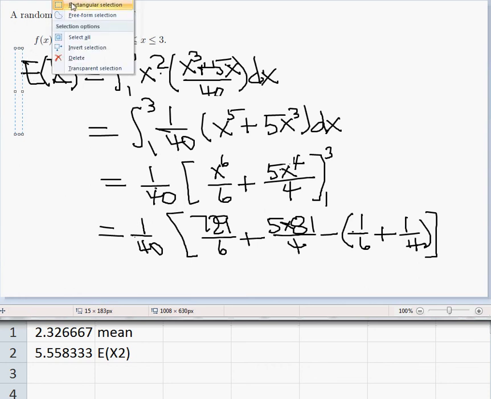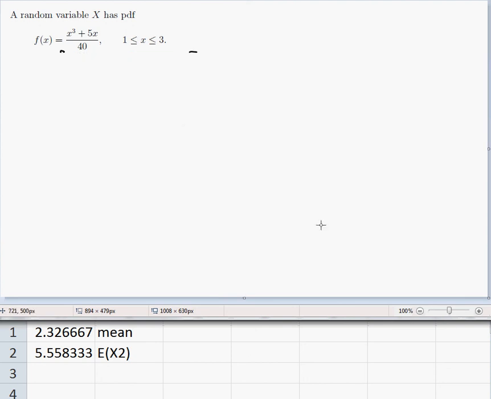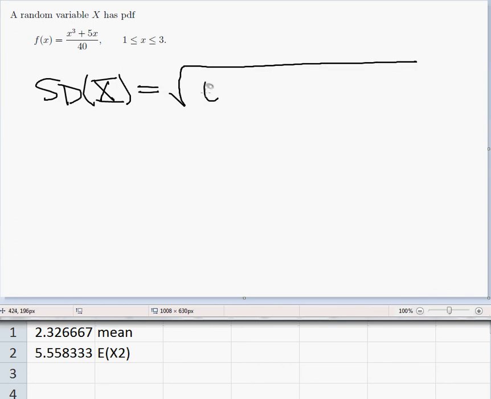And I do that by, let me clear out the mess here. To get the standard deviation of x, I now use the formula that the standard deviation of x is equal to the square root of the expected value of x squared minus the mean squared.